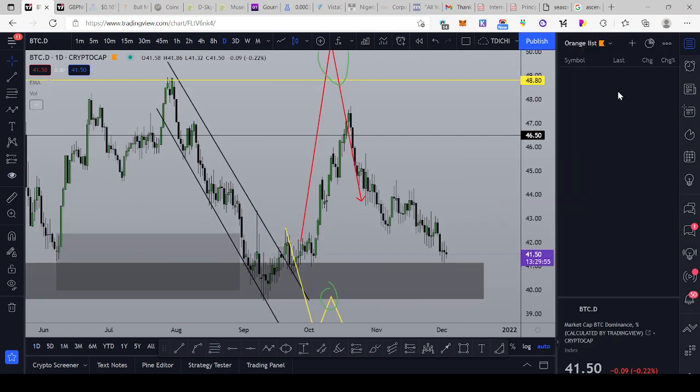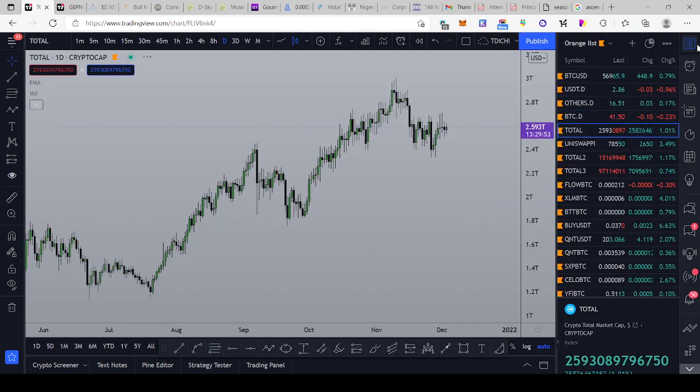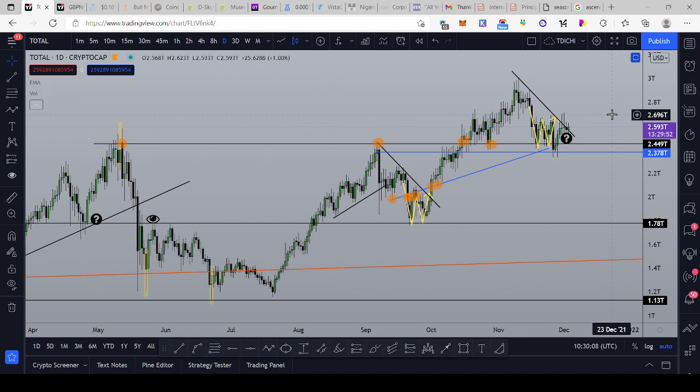I said we are going to look at total. Okay, so this is total, guys. When this happened, I had this in one of my tweets, I had this setup. But it did not break out, so it did not give me enough confidence.